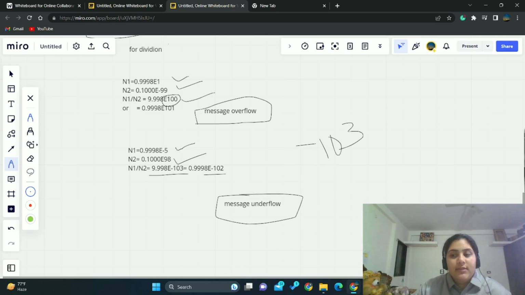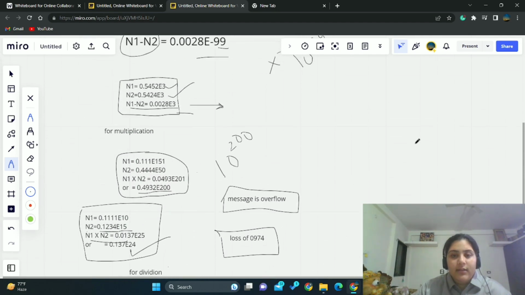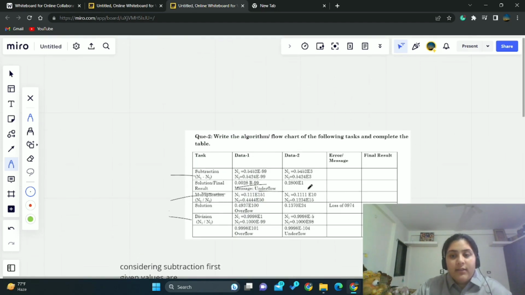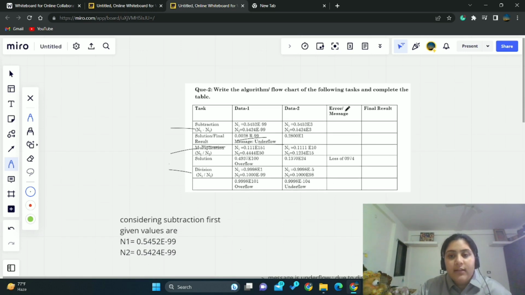So all this will be filled in the table here, and the table will be completed. This was the question number 2.